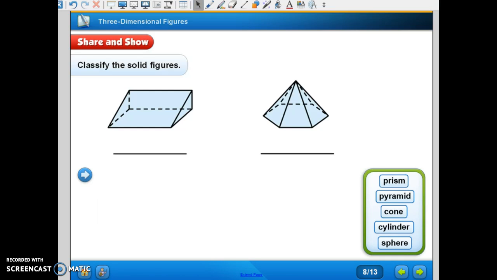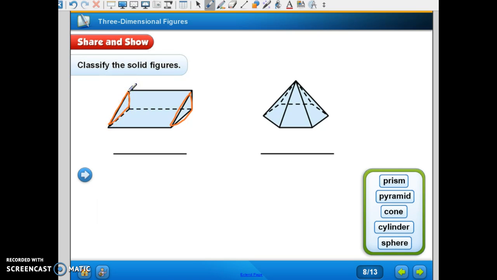Classify these solid figures. This first picture is number 1. Is it a prism, pyramid, cone, cylinder, or sphere? Prism. We can take out those non-polyhedrons, right? And then we have to look: does it come to one vertex at the top? No. It has two bases. These are the bases right here.